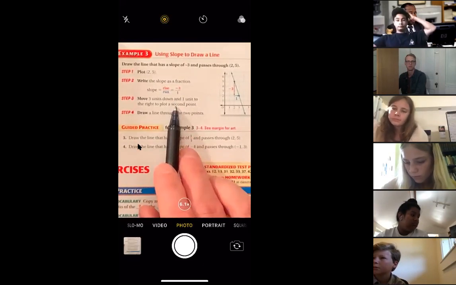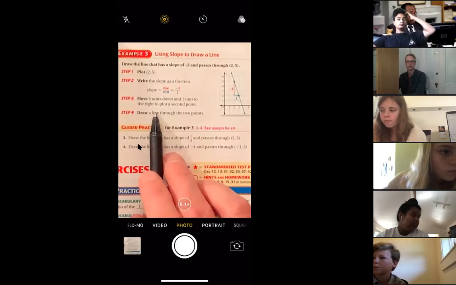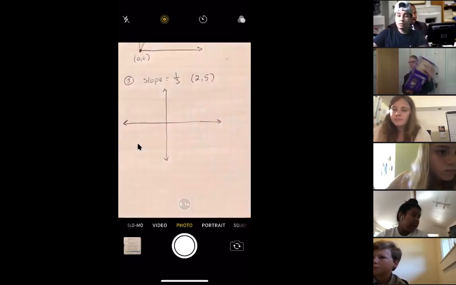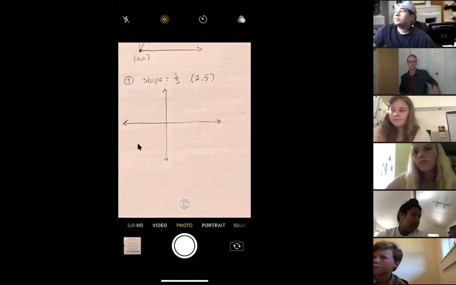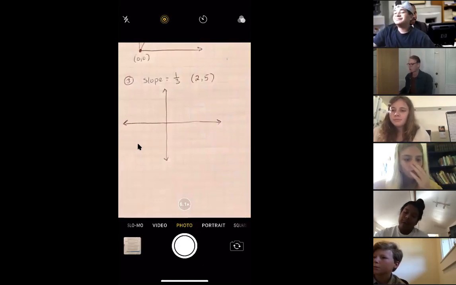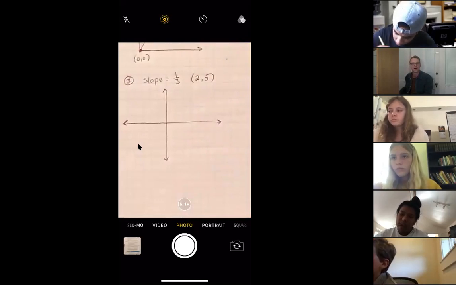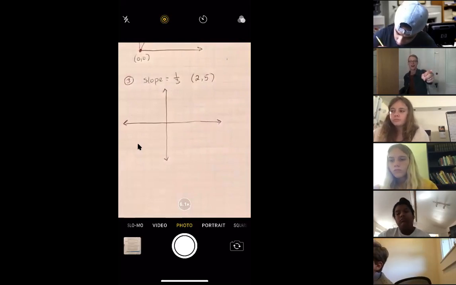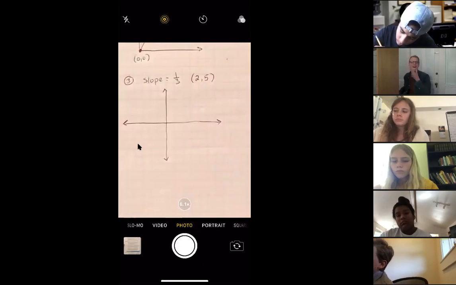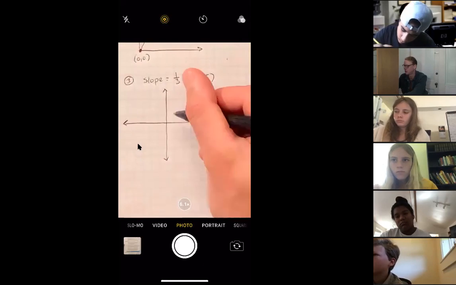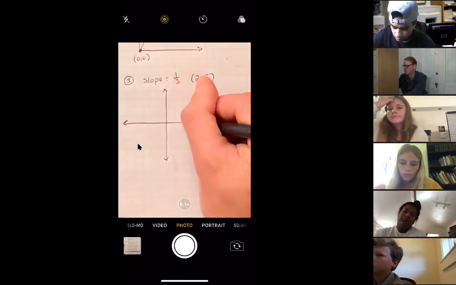Then I'm going to move those units, and then I'm going to draw a line that connects those 2 points. So let's follow that same process with our line here. So the first thing I need to do is what, Orion? Graph 2, 5. Good.